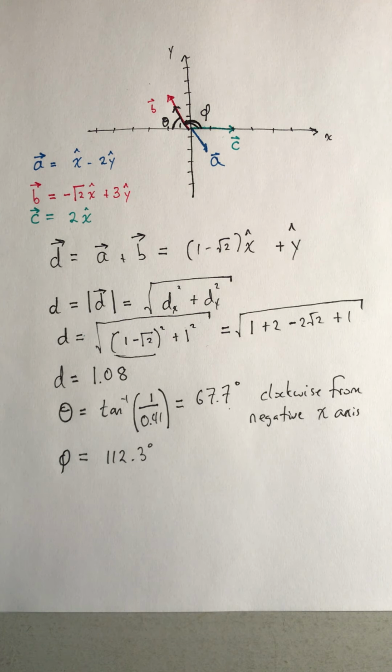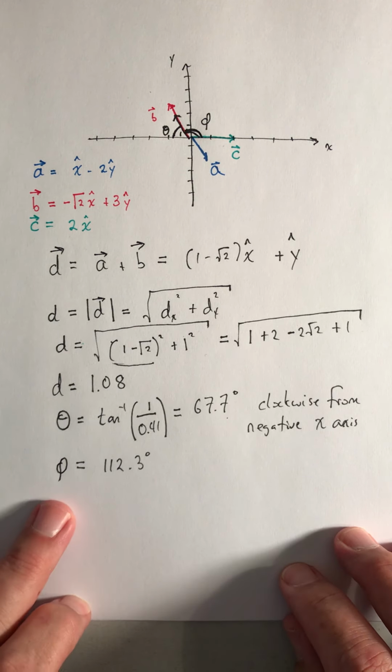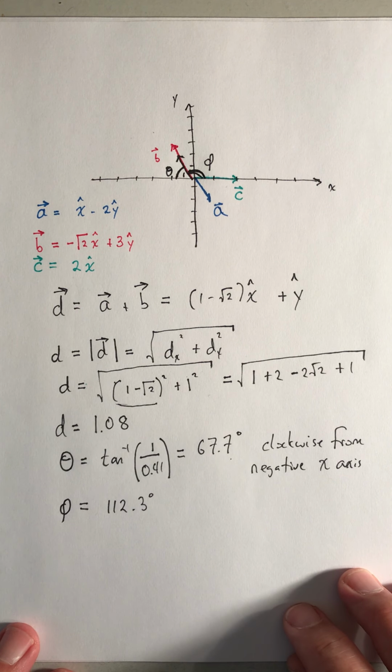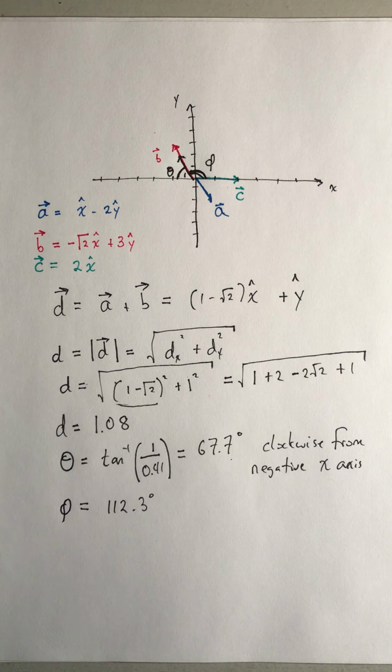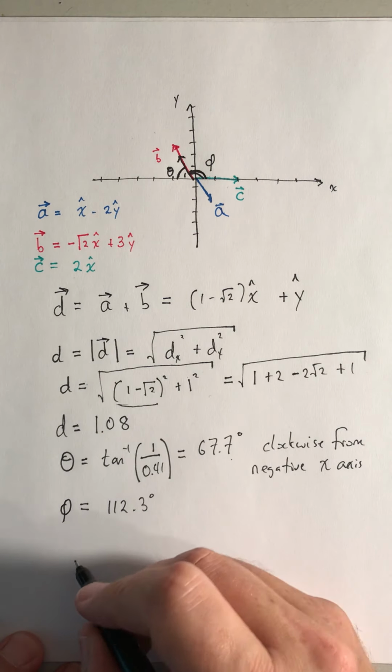The other part we were asked to do is the graphical calculation of a vector E, where the vector E is equal to A plus B plus C. So let me step through how to do that, and we'll use our diagram.